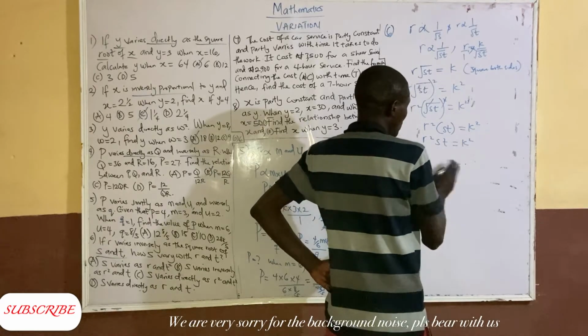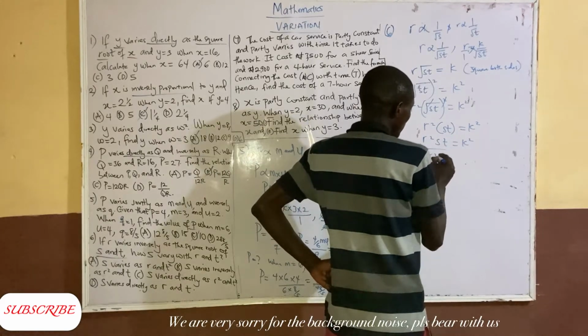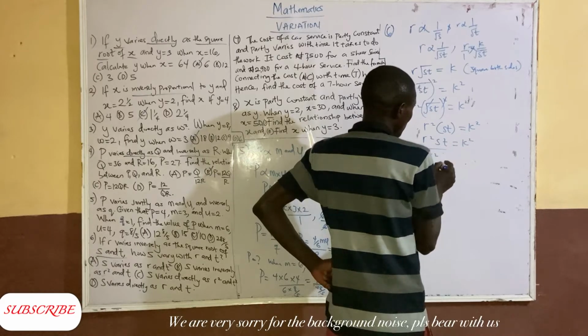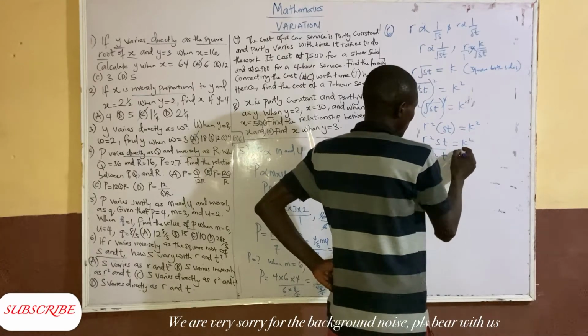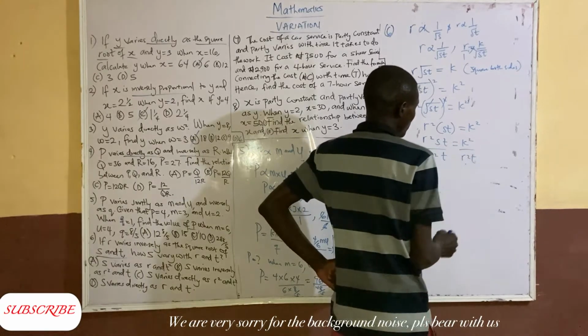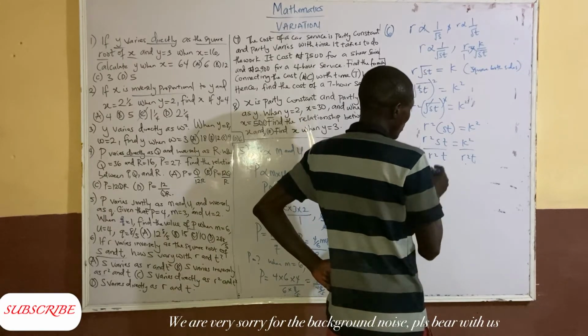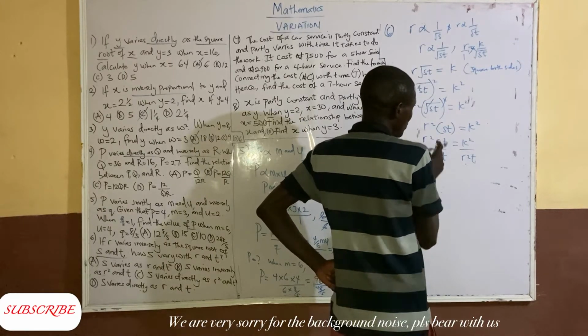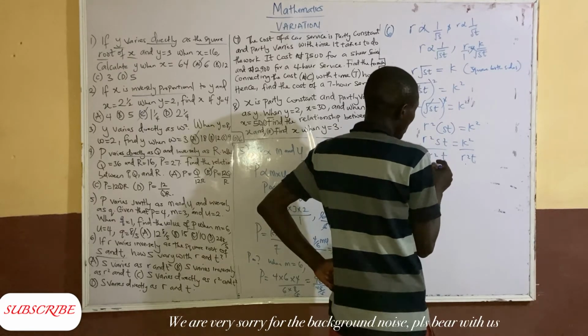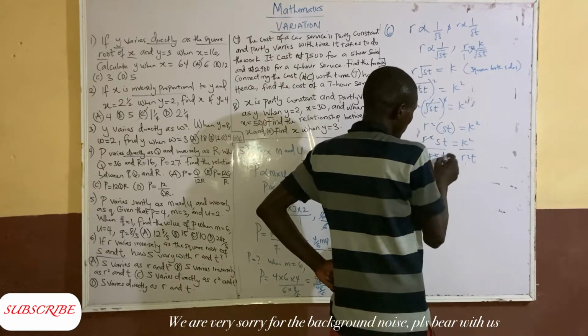Now divide both sides by R squared T. This one cancels out, this one cancels out.